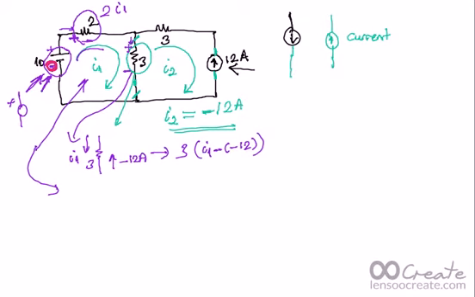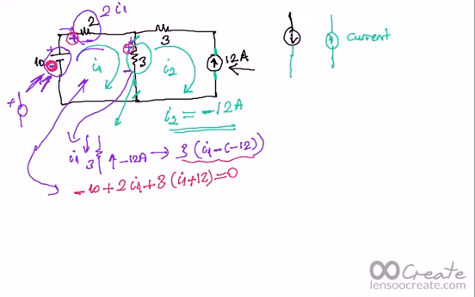What is the first polarity? I come across this minus 10, plus 2I1, and here I have plus 3 times I1 minus minus 12, which becomes plus 12, equal to 0.